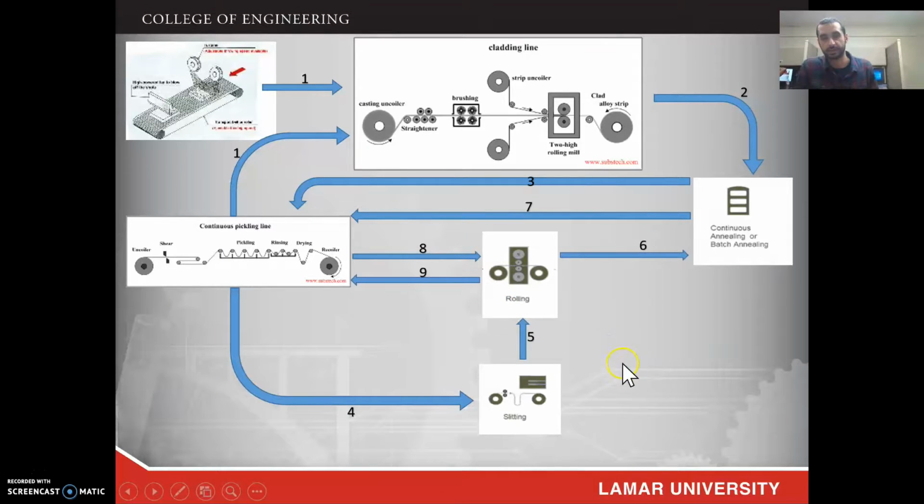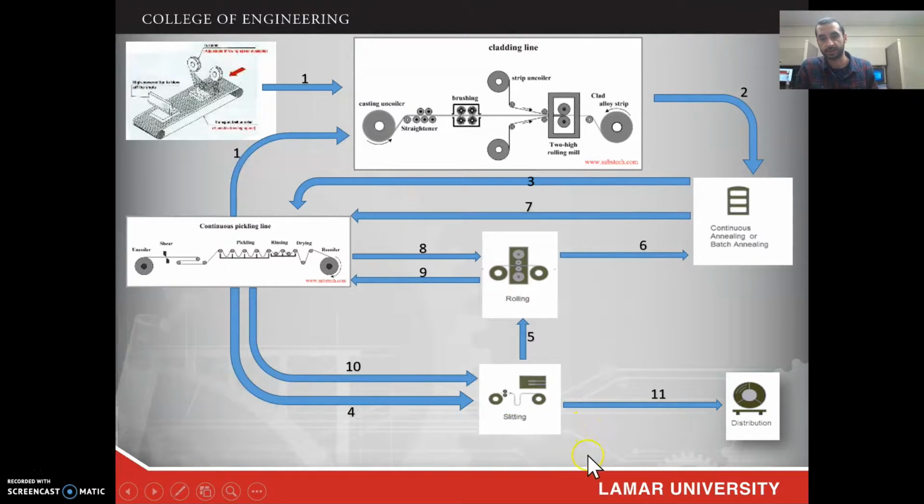And when this process is done, again we'll go to the cleaning, and then we'll go to the slitting. And at this time, we'll have our products in our desired measurements. And when the process is done, we'll go to the packaging part, and our product will be distributed to our customers.